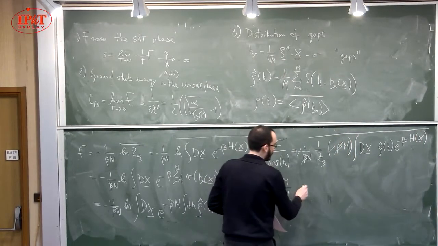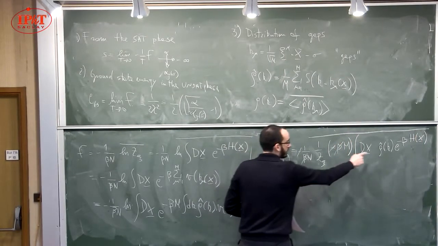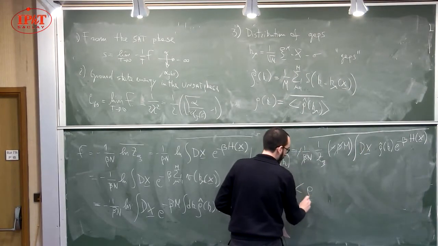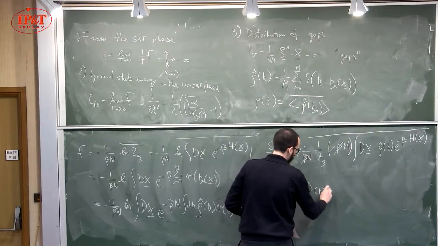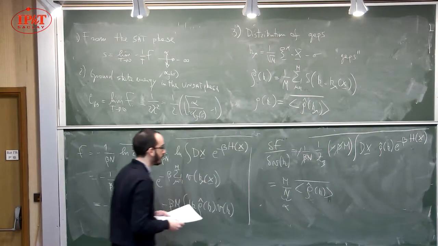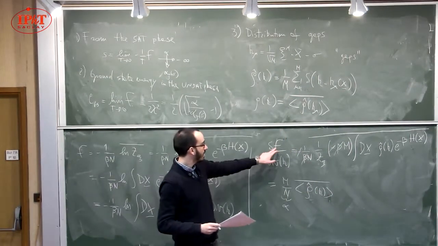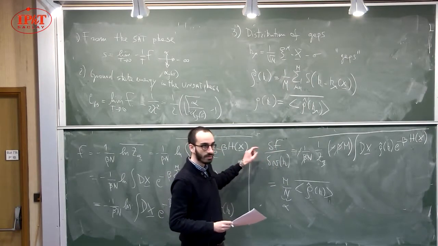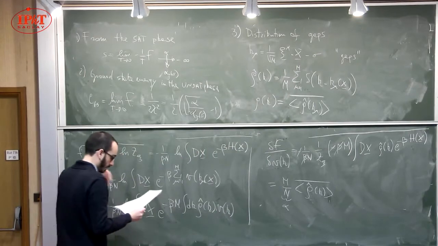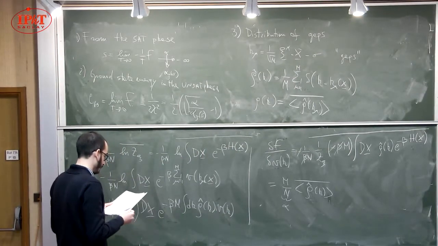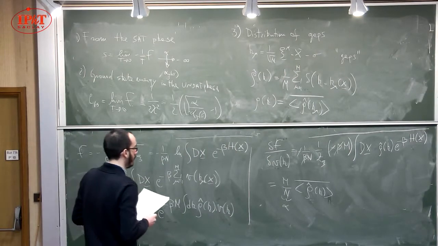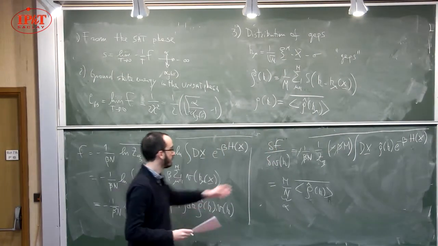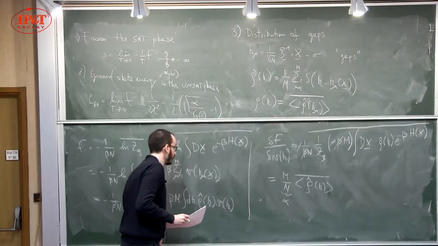And then this is just the definition of the average of rho, right? So this is just rho. Okay, so if you know the free energy, and then you can take this derivative, then you have access to the distribution of gaps. Okay, now we know the expression of the free energy, so we can do this computation.